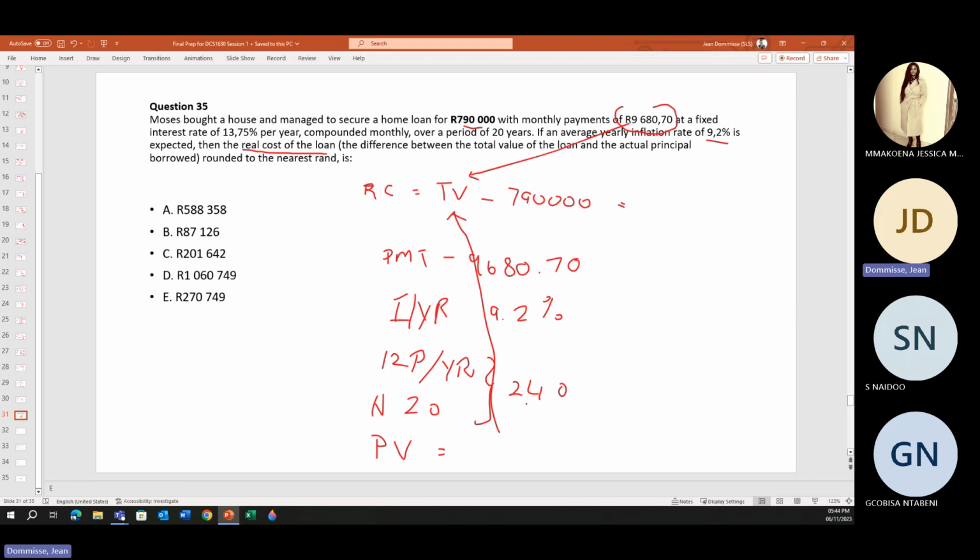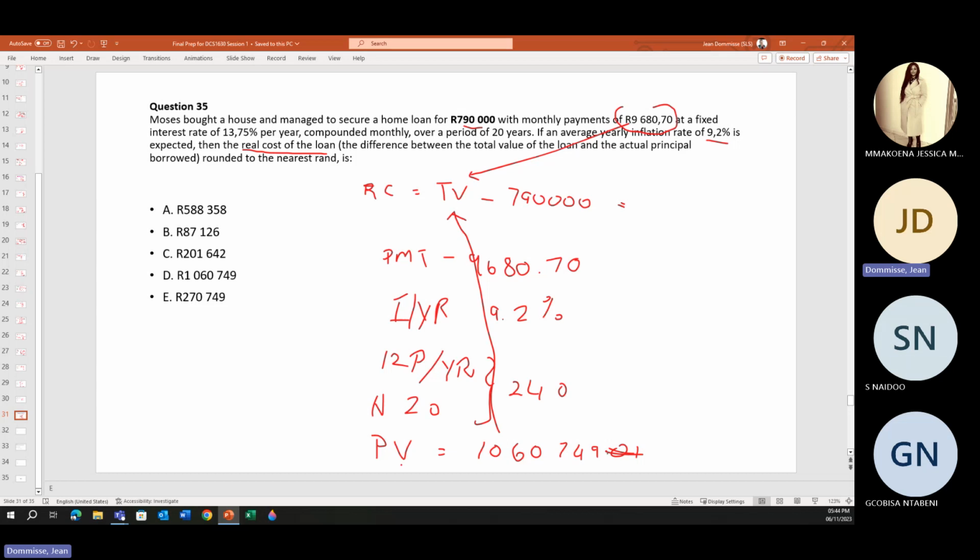Inflation was at 9.2%. So my present value that I get is 1060749.01. And we can take that away, so 749.